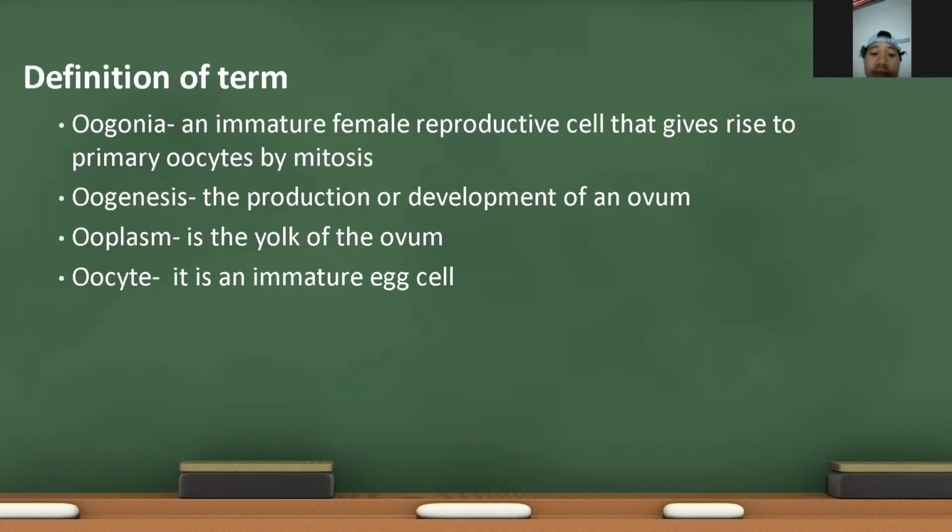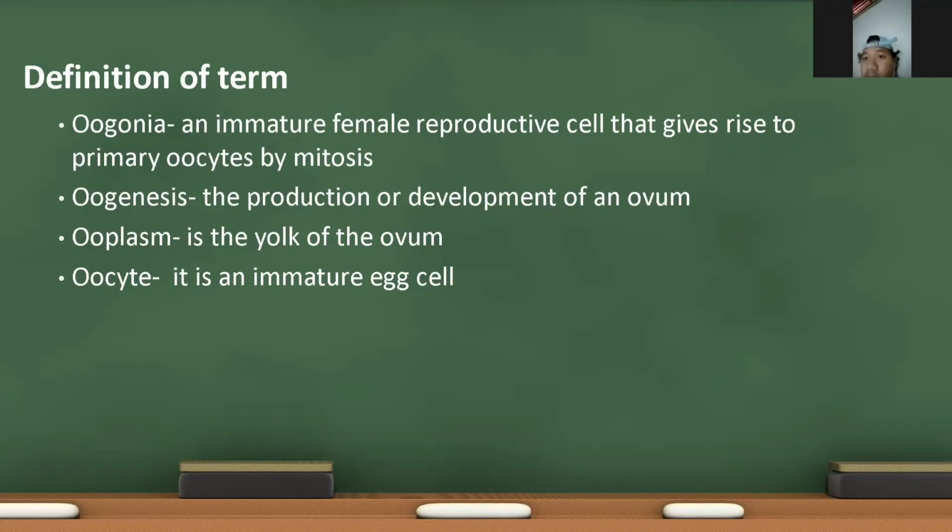Next is oogenesis, the production or development of an ovum. So ooplasm, ito yung yolk of the ovum. Tapos yung oocyte, it is an immature egg cell.